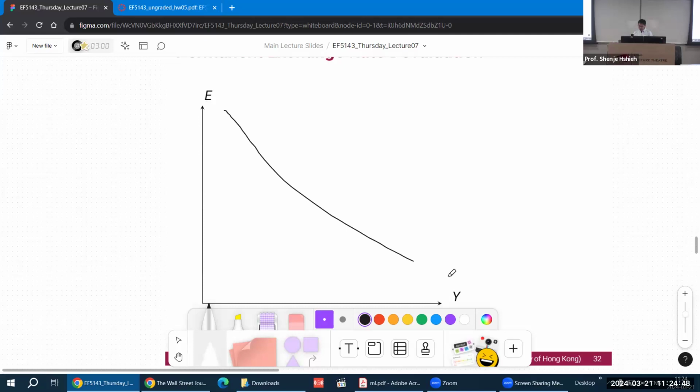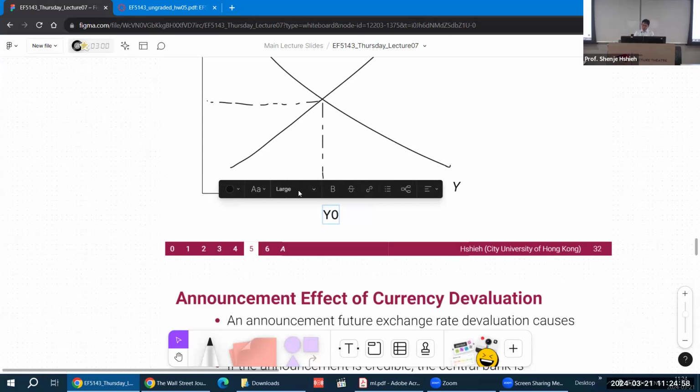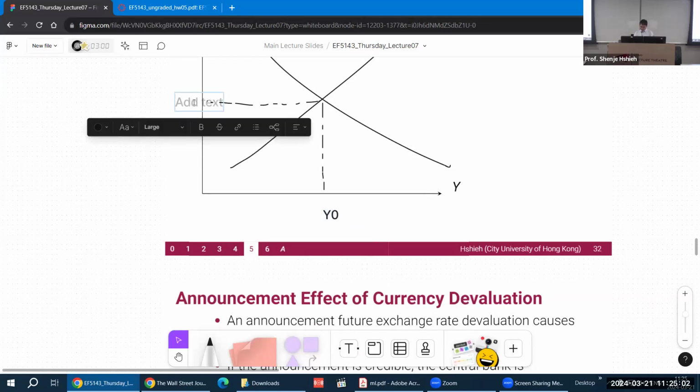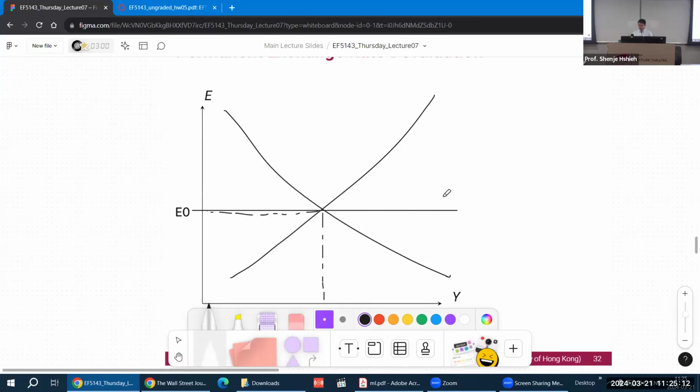So let's have a starting point. Suppose we had an initial peg here. How about here? Okay, cool.